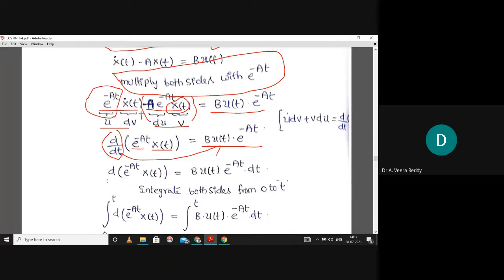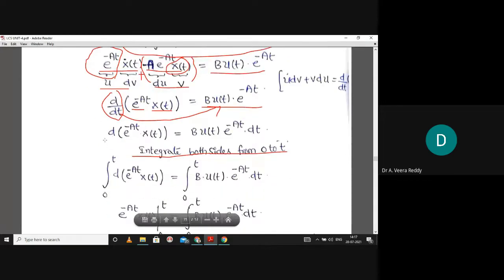Right. So then integrate both sides from 0 to t. Here there will be a derivative factor d of. To remove that one, integrate both sides from 0 to t.